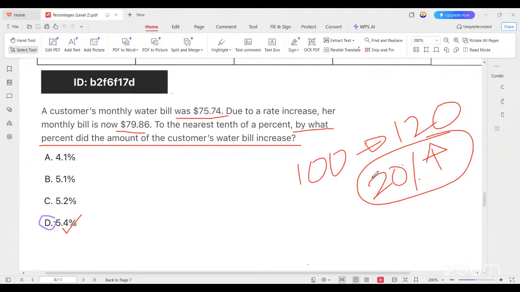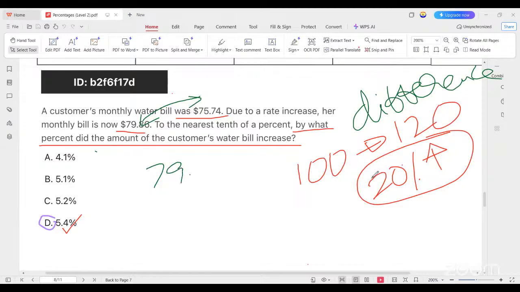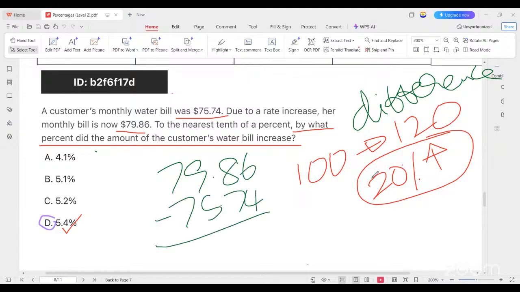So what you did here, you found the difference. First you find the difference. So here we have to find the difference of these numbers. What is the difference? 79.86 minus 75.74, the difference.